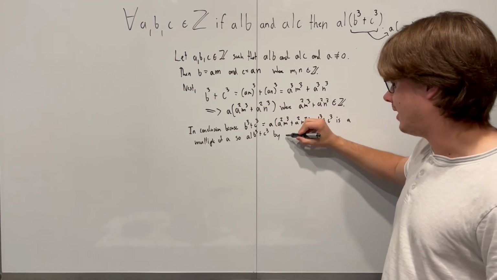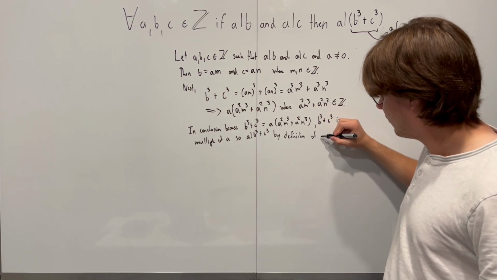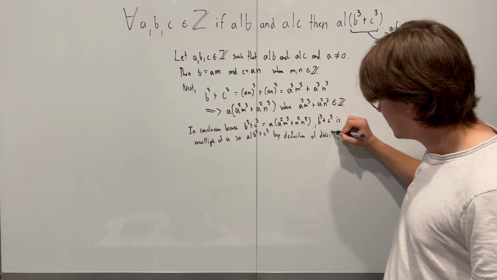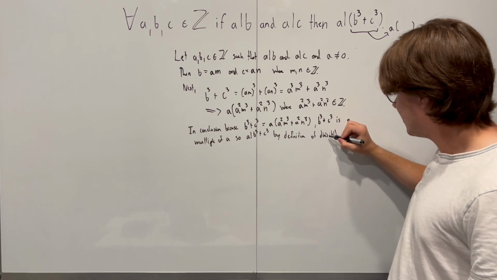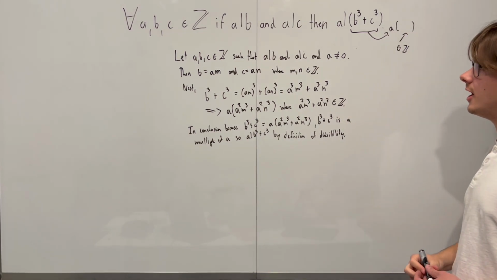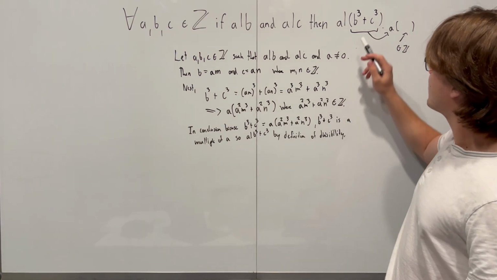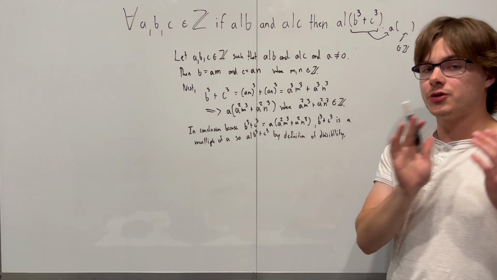And I'll add, by definition of divisibility. A lot of I's. Fantastic. So we have now proven that this statement is in fact true, because the right-hand side is a multiple of what's on the left-hand side.